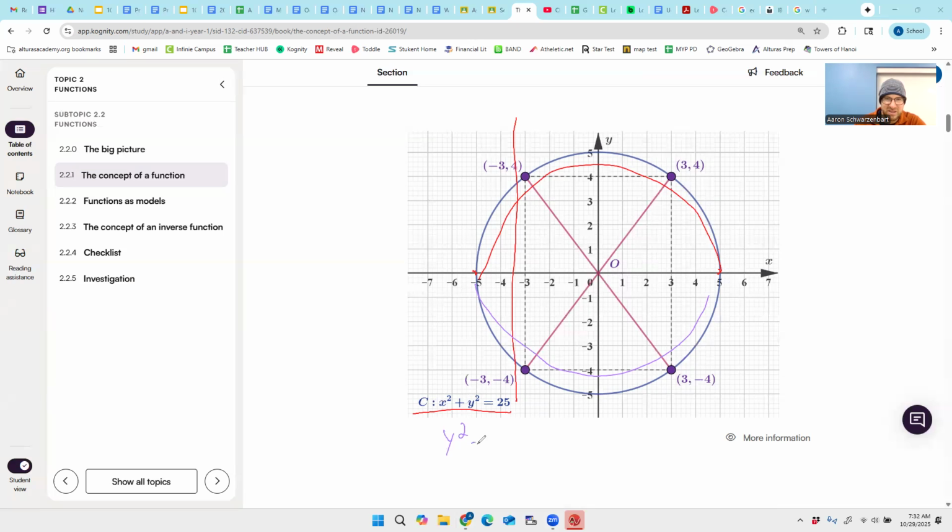We'd start by subtracting x squared from both sides. And then we'd square root. And keep in mind that when we square root, it must be the plus or minus. So function number 1 is the positive case, which we don't need to write the plus. Function number 2 is the negative case.